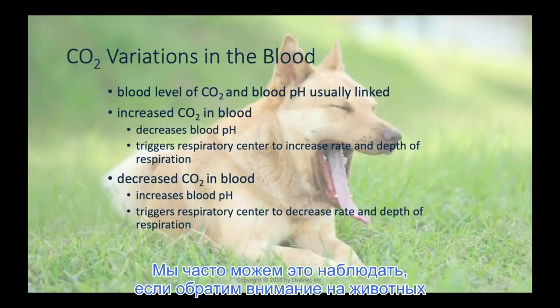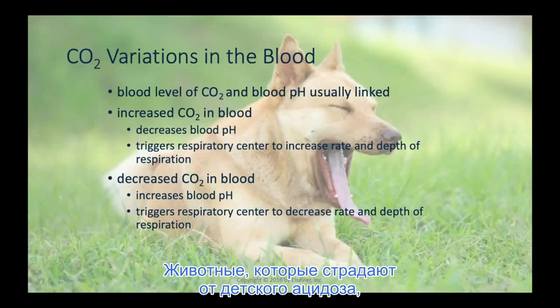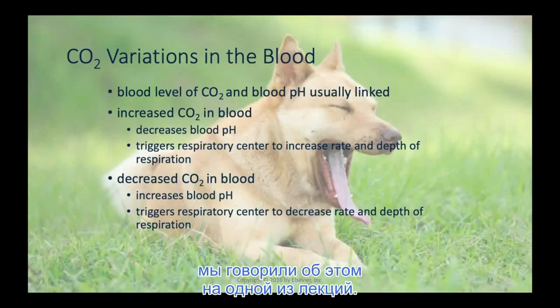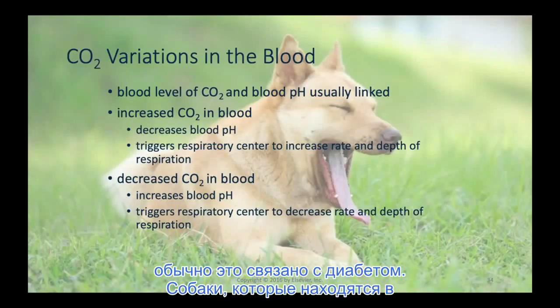Overall, we see this a lot too if we think about animals kicking into their natural form to accommodate and maintain homeostasis. Animals who are in ketoacidosis, so we talked about that in our renal lecture. Ketoacidosis is when the blood becomes an acidic environment. Typically, we see it associated with diabetes.